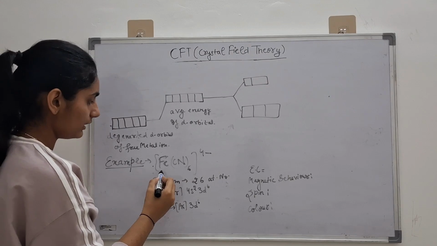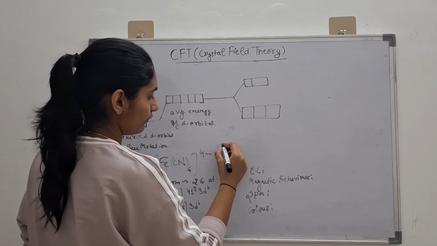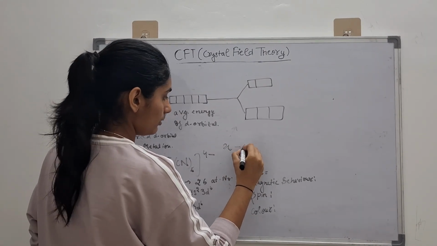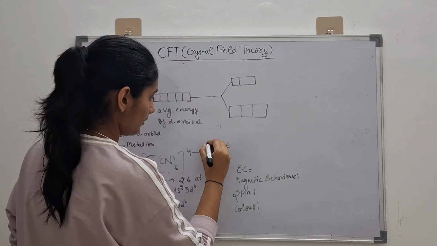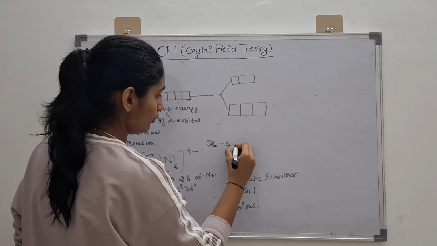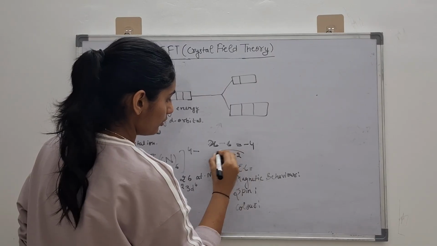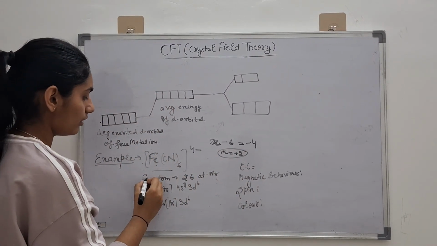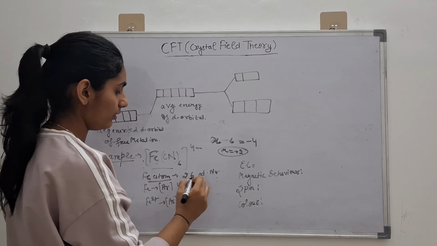So there is Fe, and the oxidation state of Fe we can find from here: x minus 6 equals minus 4, and x equals plus 2. So Fe is in the plus 2 oxidation state in this complex. And what is the atomic number of Fe? It is 26.